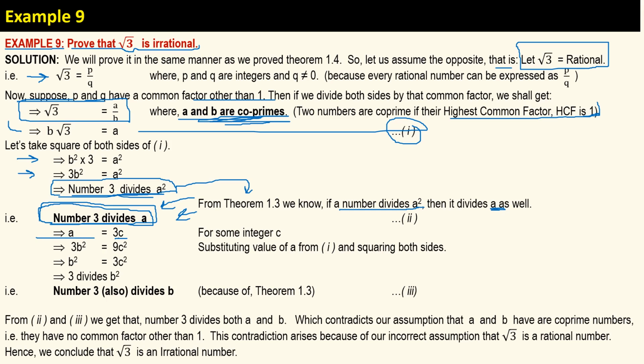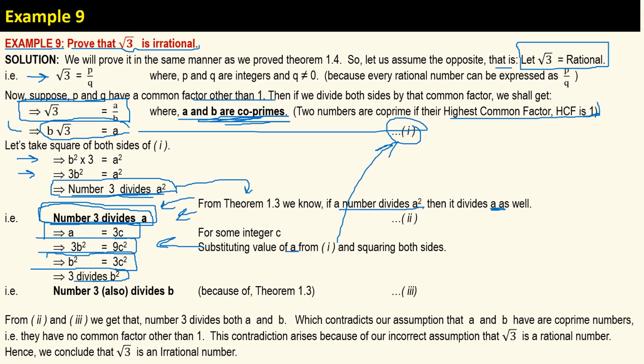So let's write it as a is equal to 3 multiplied by c, and substitute the value of a from equation 1, where a is equal to b times the square root of 3. If we place that value here and square both sides, we get 3b square is equal to 9c square, which when solved gives us b square is equal to 3 times c square, which implies that 3 can divide b square.